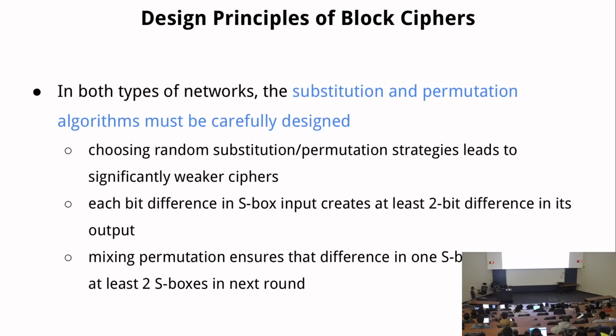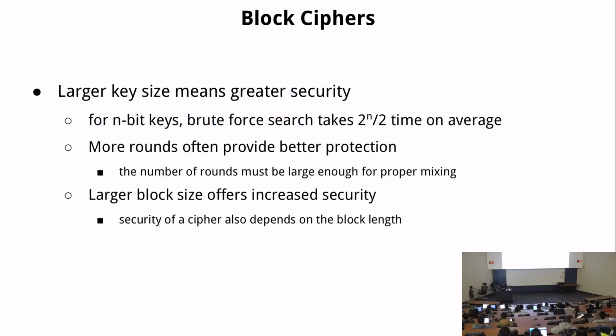A 1-bit difference in an S-box should propagate to at least 2 S-boxes in the next round. So that is the principle of diffusion. We want 1 bit of change to influence more bits in the output. So from an attacker's point of view, you look at the output, it's harder for you to infer what the input is.